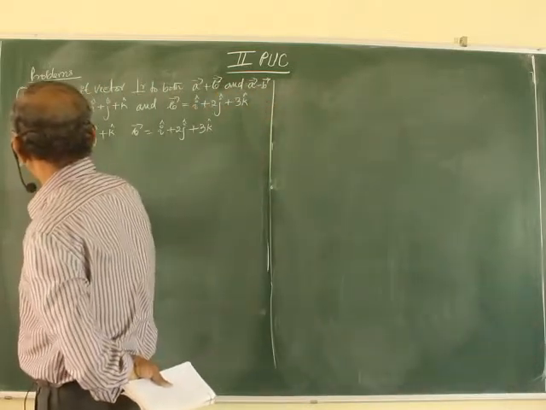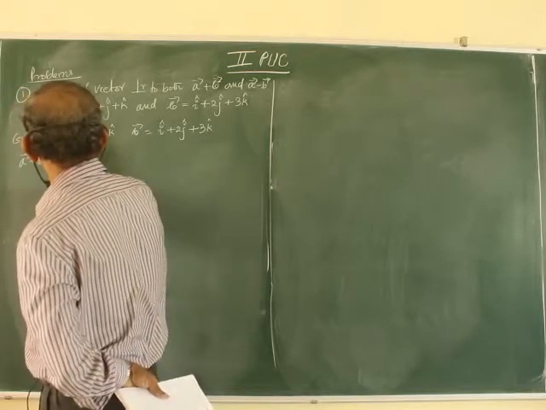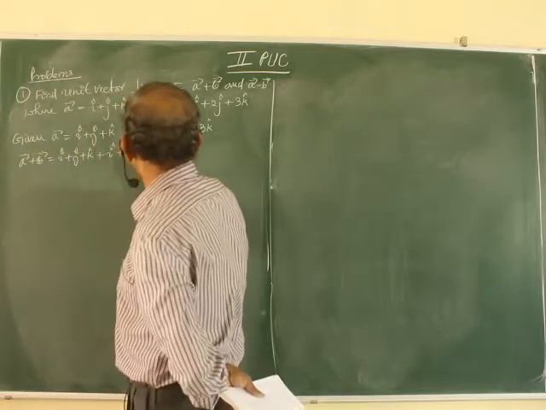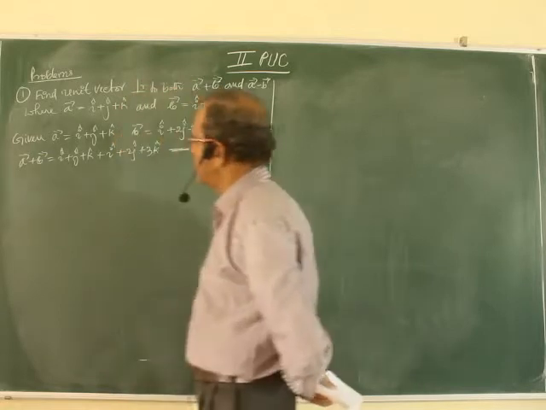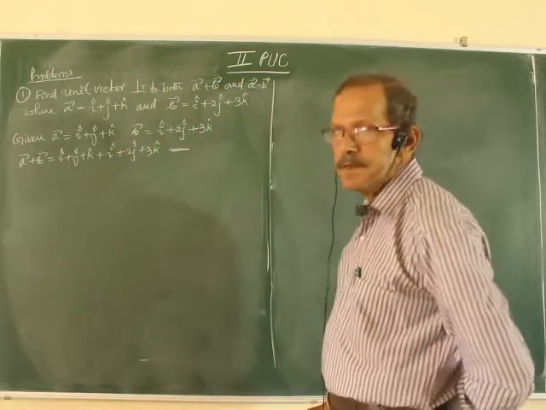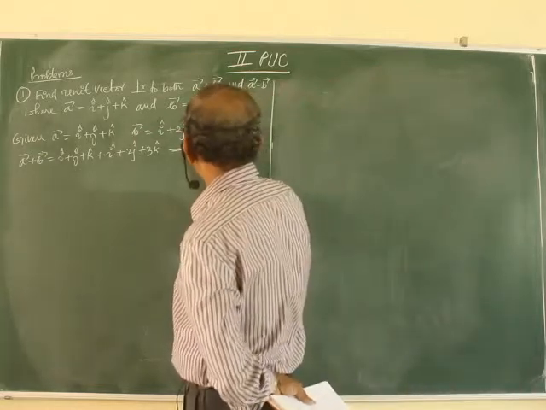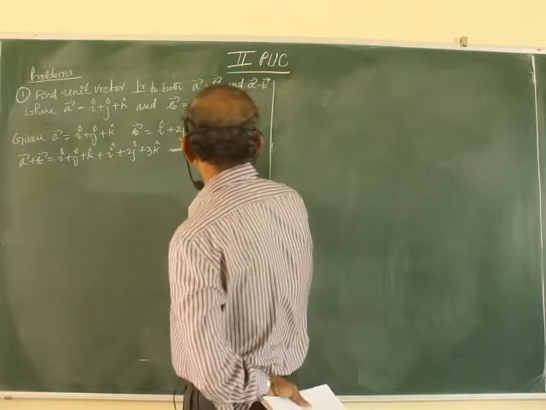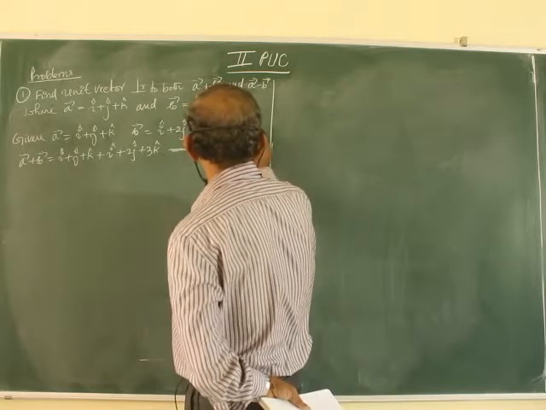A plus B equals i plus j plus k plus i plus 2j plus 3k, which is 2i plus 3j plus 4k.